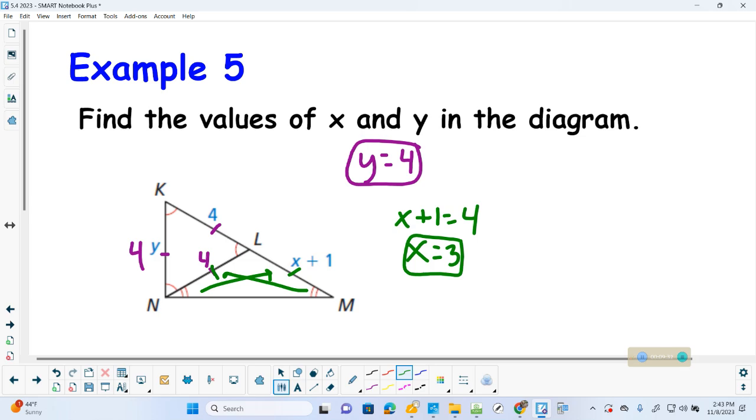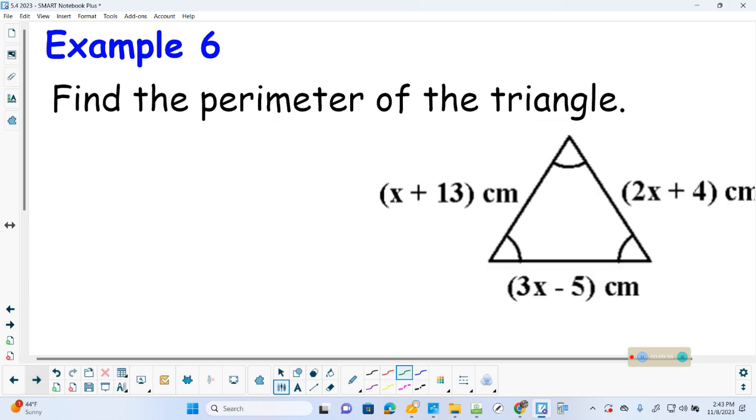All right, let's take a look. Do we remember how to calculate perimeter? How do you find perimeter? Add up all the sides. So I first need to figure out how much is each side. Well, equiangular, equilateral. Does it matter which 2 sides I set equal? No, they're all the same. So I'm going to pick what I think looks easiest. I think x plus 13 looks easy. And I think 2x plus 4 seems easy. Pick 2. All right, let's solve this.